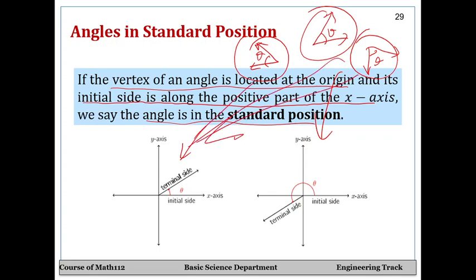When you put them, first you put their initial side and then the terminal side. And if an angle is given in the Cartesian system this way, the vertex is at the origin and the initial side is at the positive x-axis, then we say theta is in standard position.